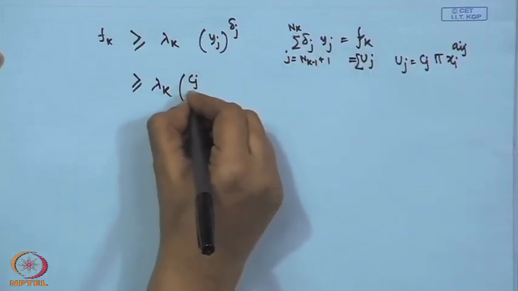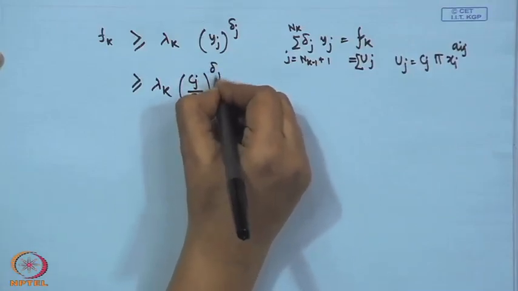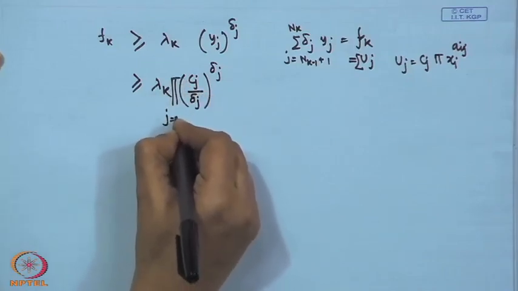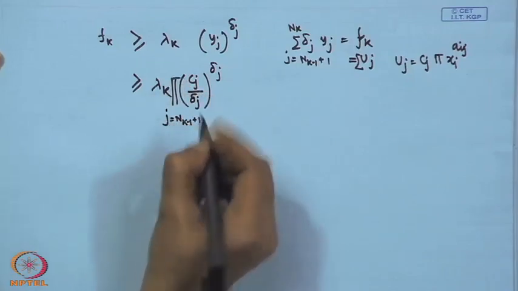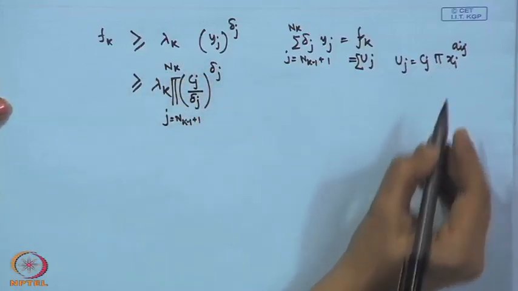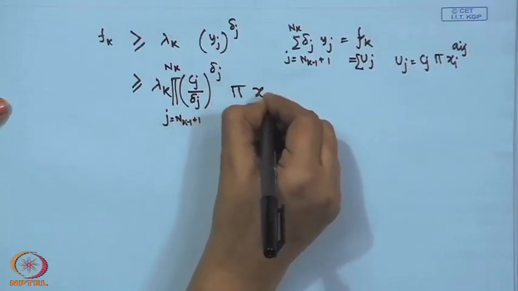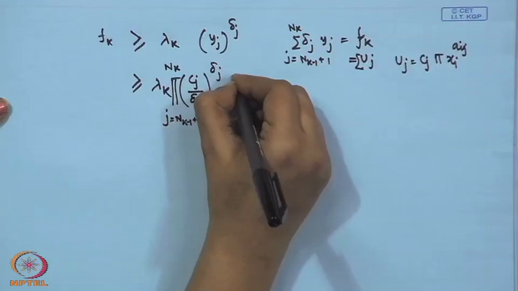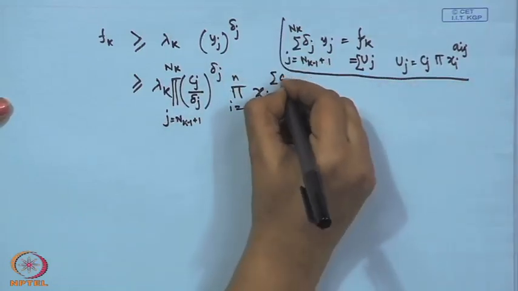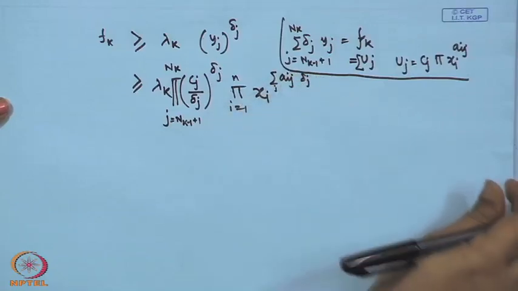Here also the same thing, we will get cj by delta j to the power delta j, a product over j equal to nk minus 1 plus 1 to nk. This is my yj delta j, and another set of terms is there: a product of xi's, where i is from 1 to n, and here we will get the summation of aij delta j, again the summation over j.